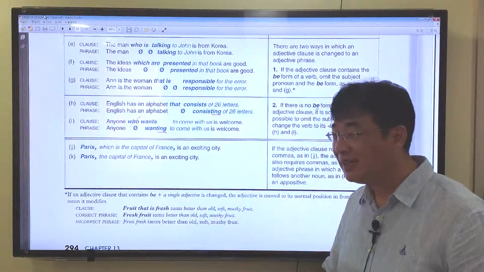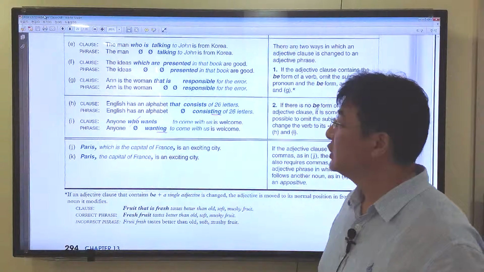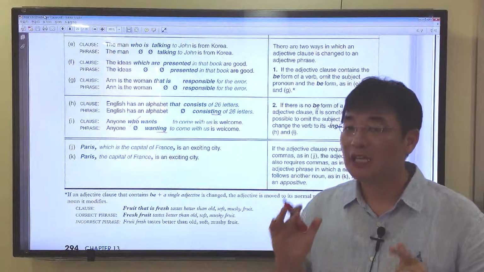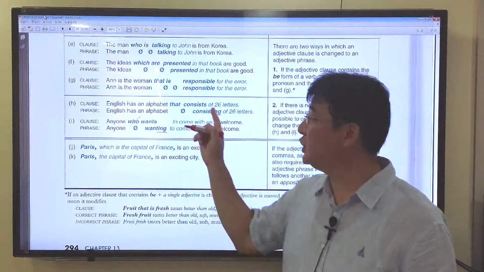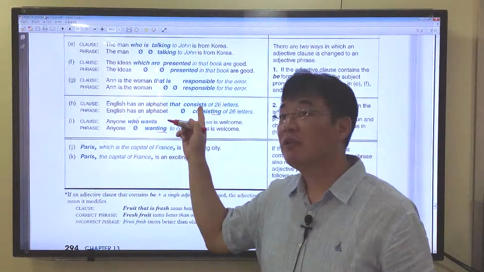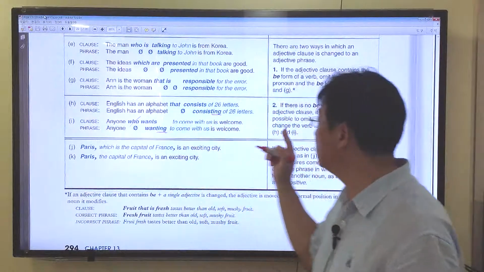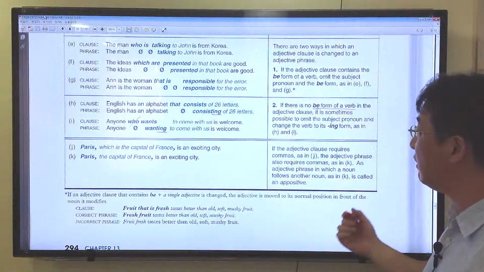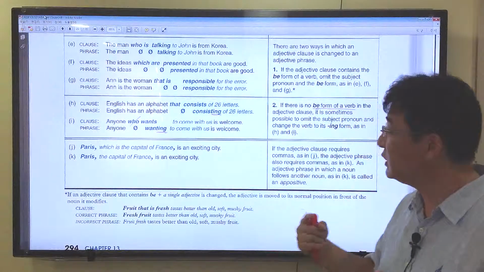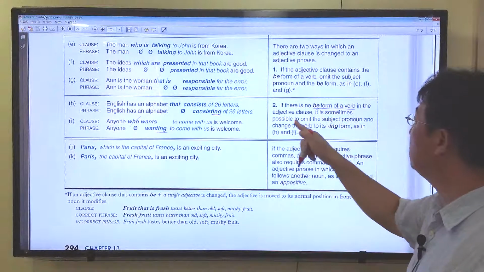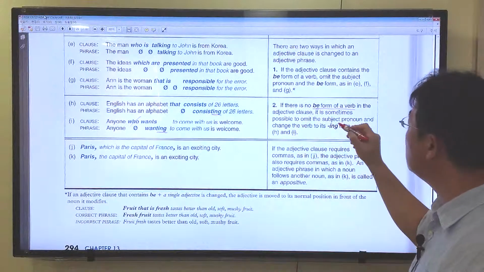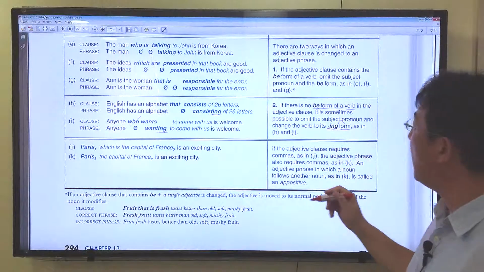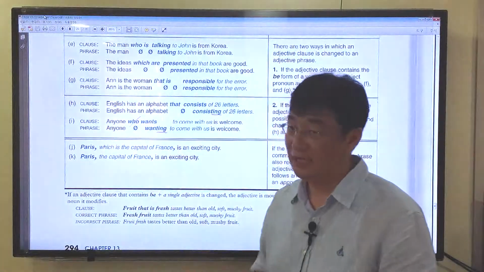So can you get the rules? Okay, so an adjective clause has common verbs, not be type of verb. Then you're gonna change the common verbs into ing form. 그죠? So if there is no be form of a verb in an adjective clause, when you convert the clause into phrase, it is sometimes possible to omit the subject relative pronoun and change the verb to ing form as in H and I. 아시겠죠? 그죠?